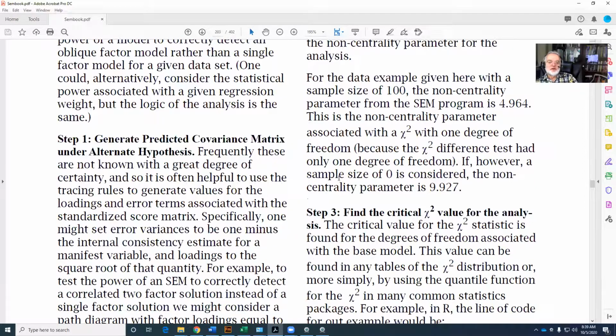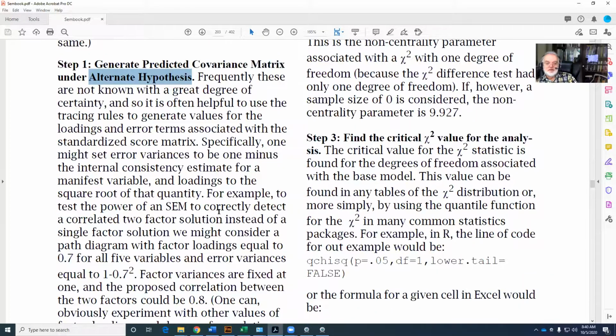So our first step is to generate a covariance matrix under the alternate hypothesis. So there's the simpler model, and you'll have to put in some numbers here. For example, if we wanted to test the power of an SEM to detect a correlated two-factor solution instead of a single-factor solution, we could say, let's take a look at a path diagram with factor loadings equal to 0.7 for all 5 variables, and error variance equal to 1 minus 0.7 squared. In other words, that's going to give me manifest variables that will have variance 1.